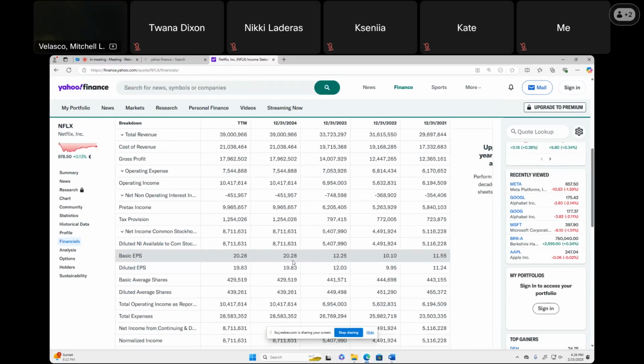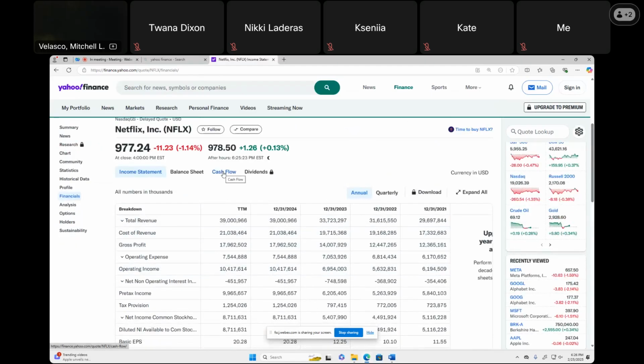And then look at this huge jump here, which is probably why the stock took off from $12.25 per share to $20.28 per share at the end of 2024, that's big. That's $8. So that's probably around a 75% jump in their earnings. So that's good. You want to see things like that.